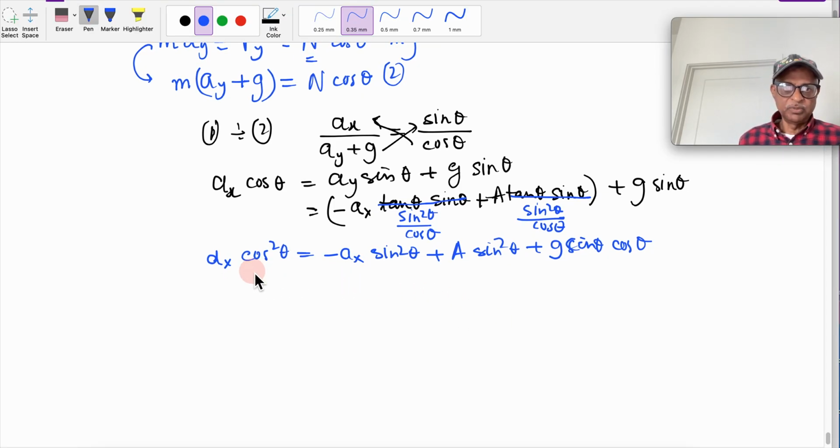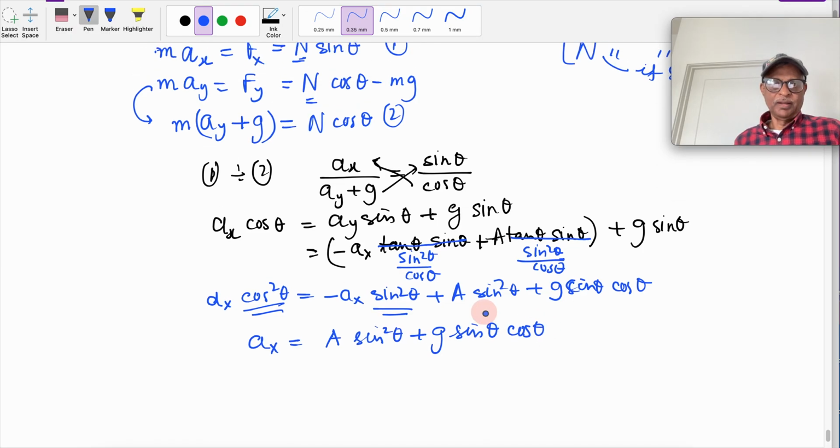Now you bring this over here, and this adds to that and becomes 1. So this ax is going to be a sine square theta plus g sine theta cosine theta.